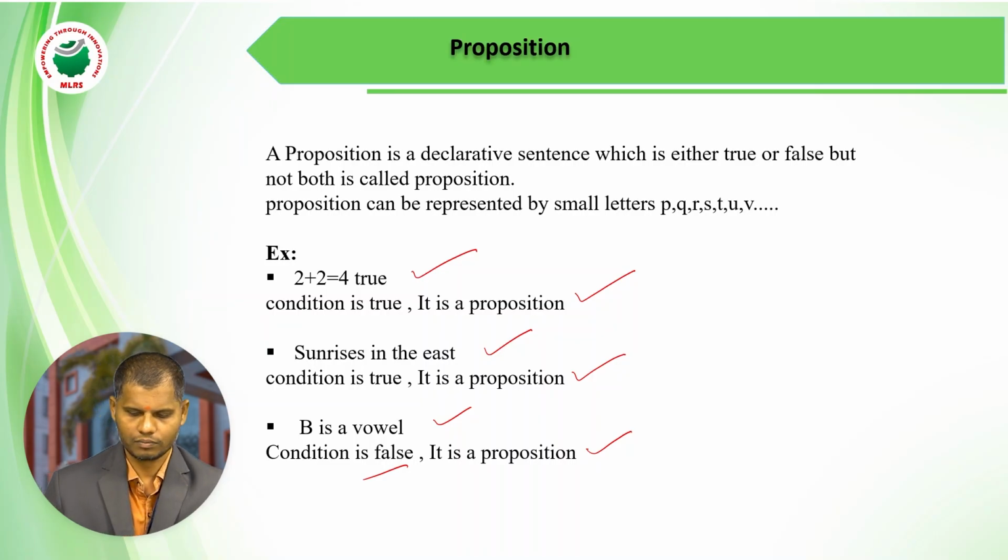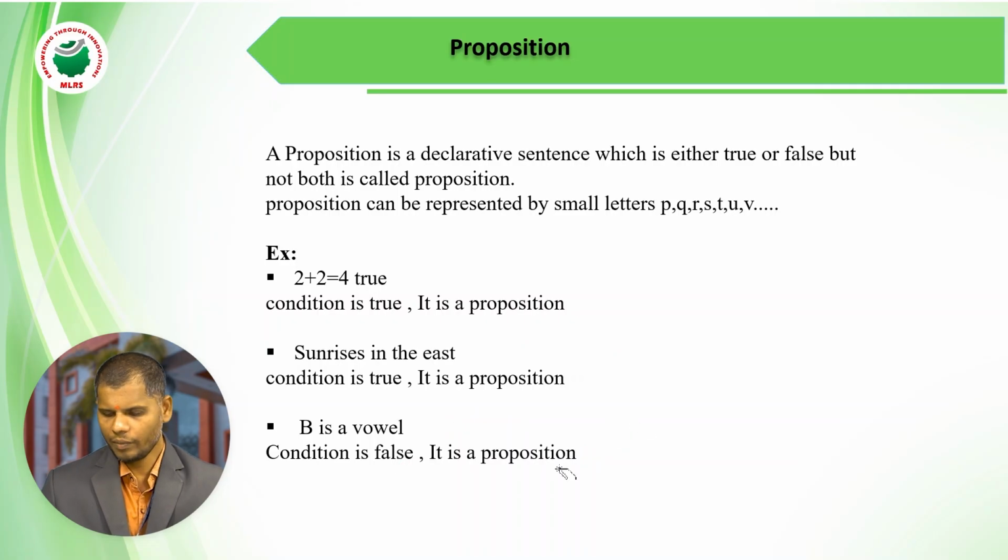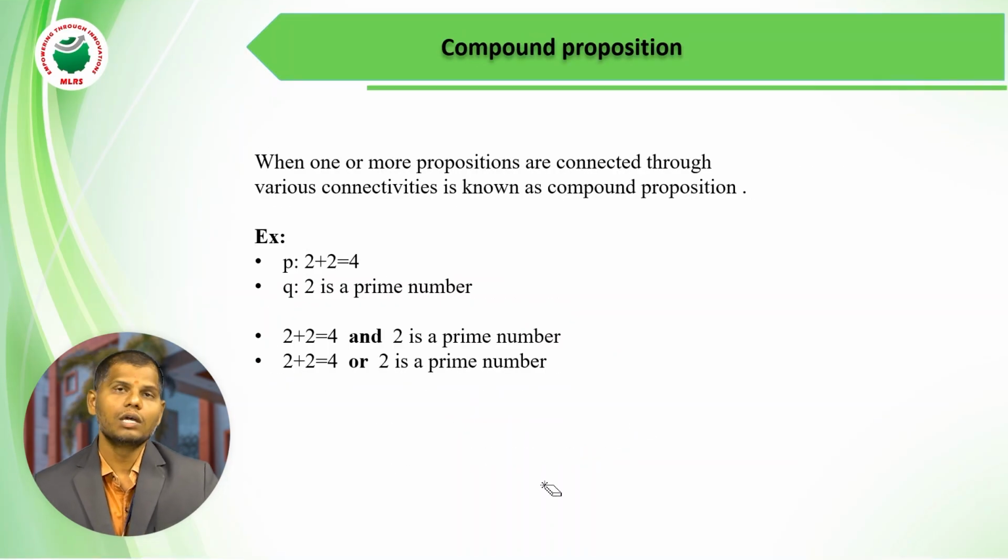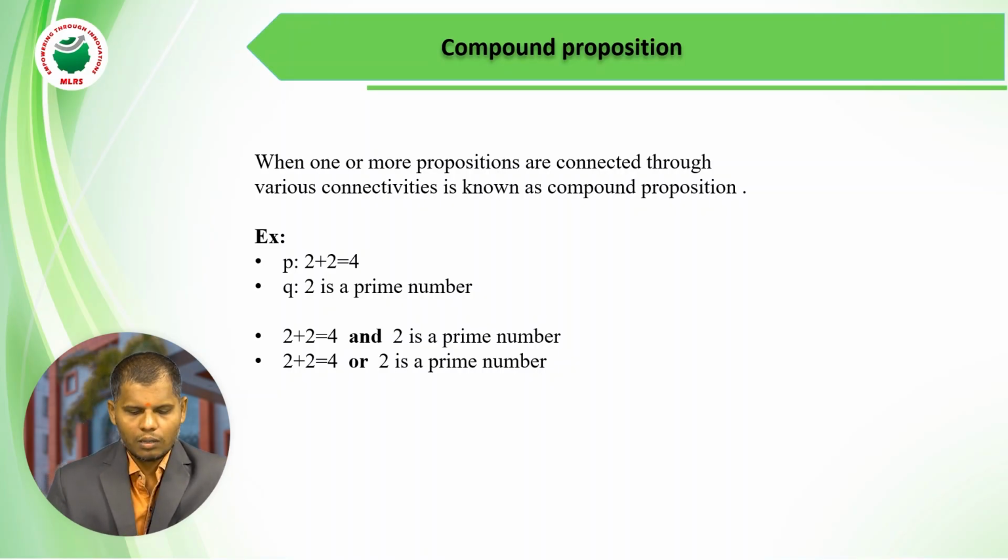Next, compound statement. When one or more propositions are connected through various connectives, it is known as a compound proposition. For example, P: 2 plus 2 equals 4. This is one statement. And Q: 2 is a prime number. This is another statement.